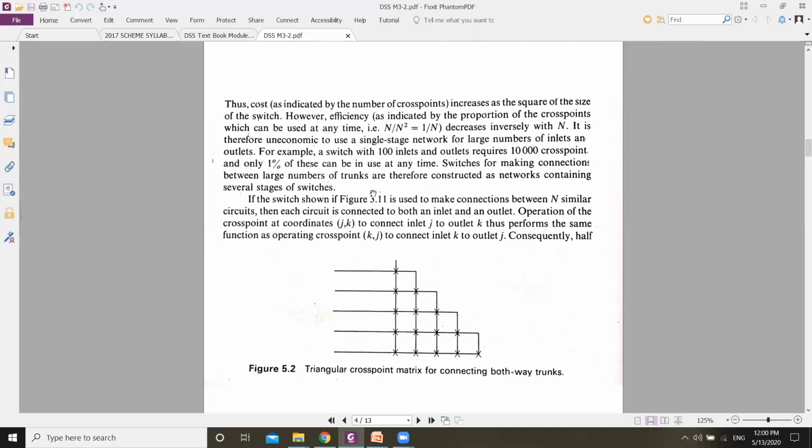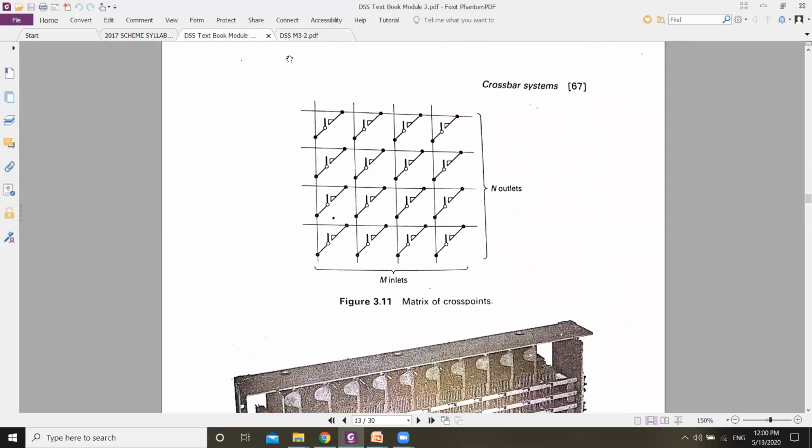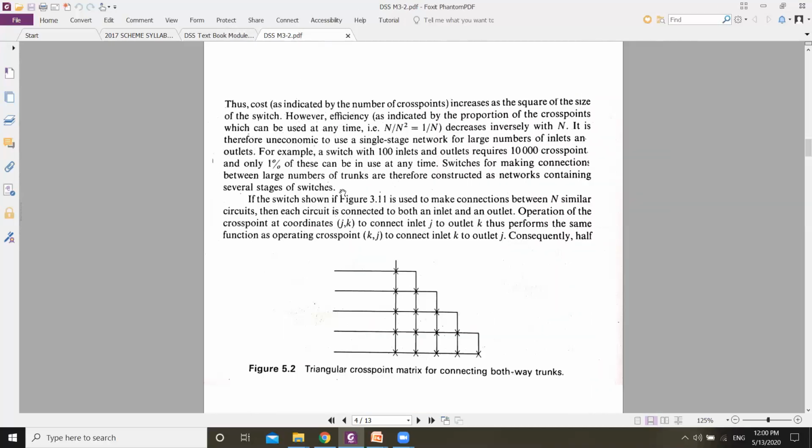If the switch shown in figure 3.1 is used to make connections between N similar circuits, then each circuit is connected to both an inlet and an outlet, and the operation of the cross point at coordinates j comma k to connect inlet j to outlet k thus performs the same function as operating cross point k comma j.